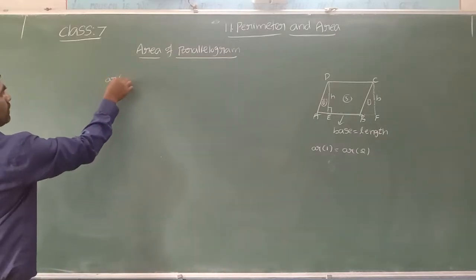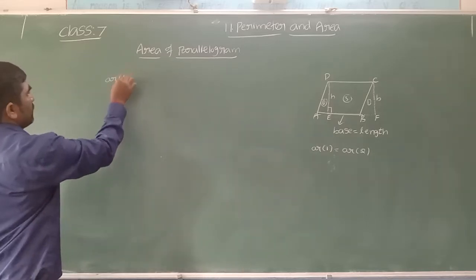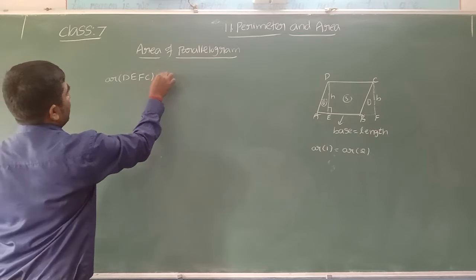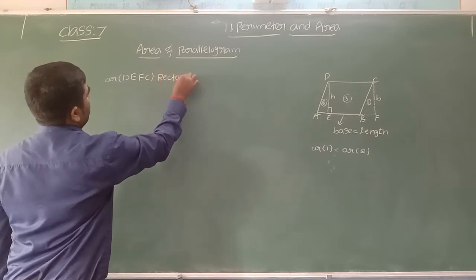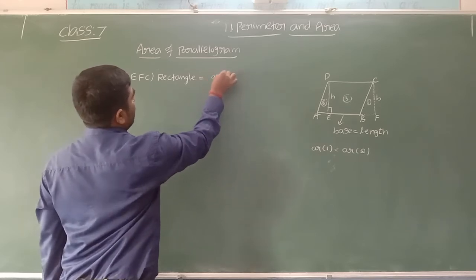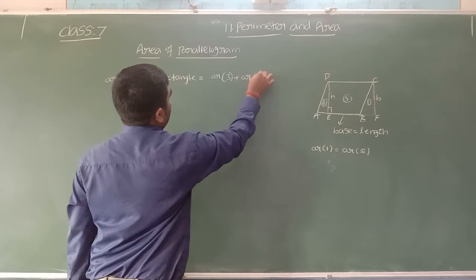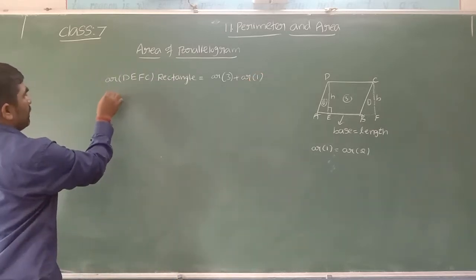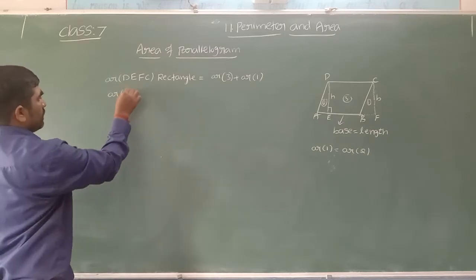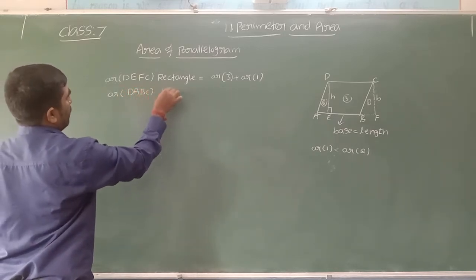Area of DEFC rectangle is equal to area of third part plus area of first part. And let me take again here area of DABC parallelogram.